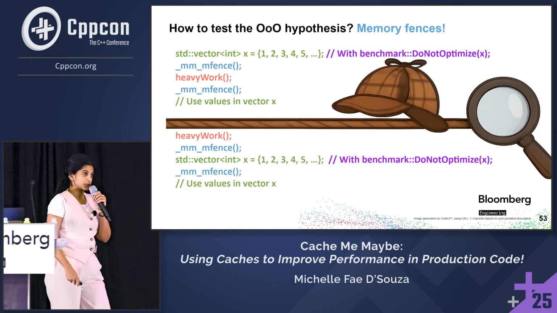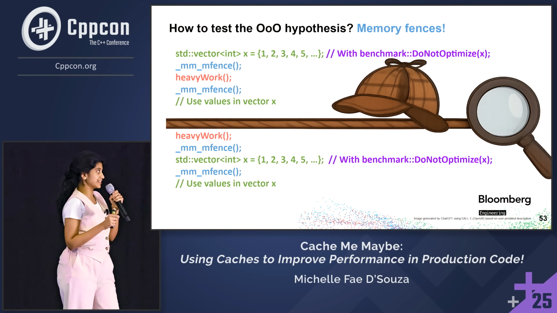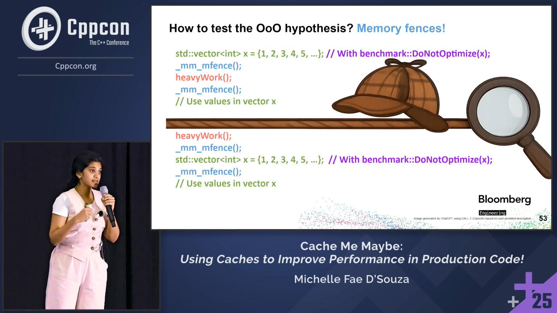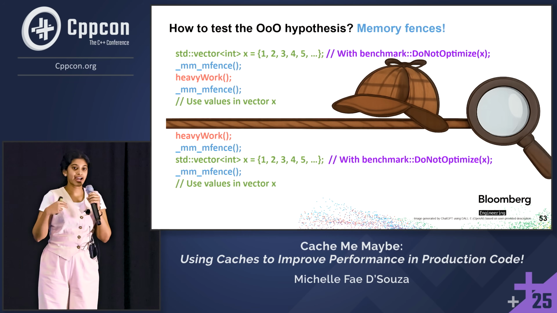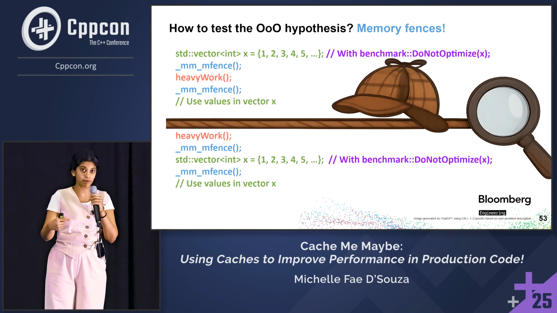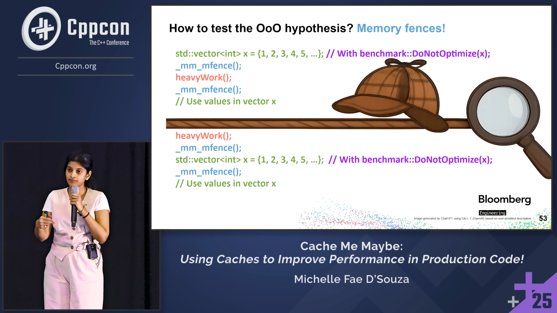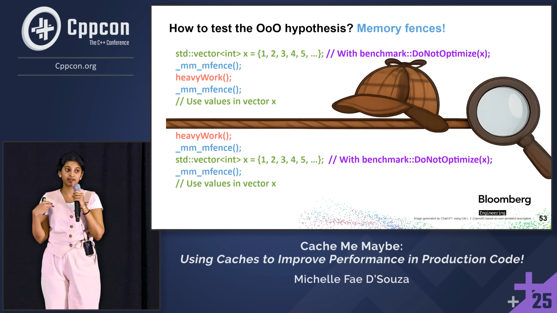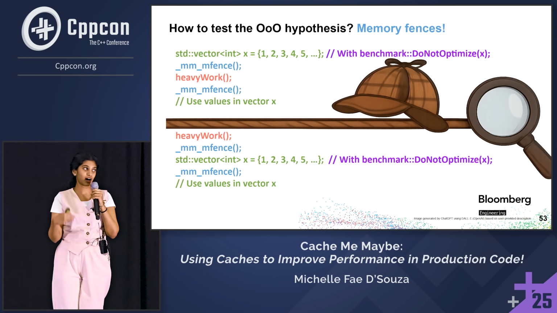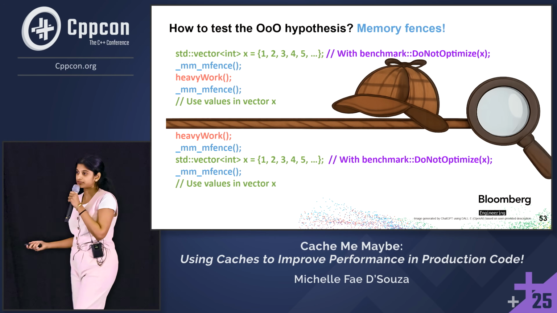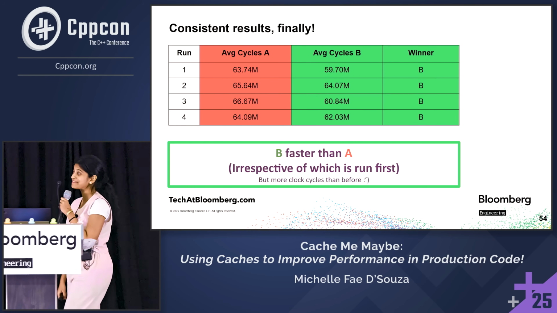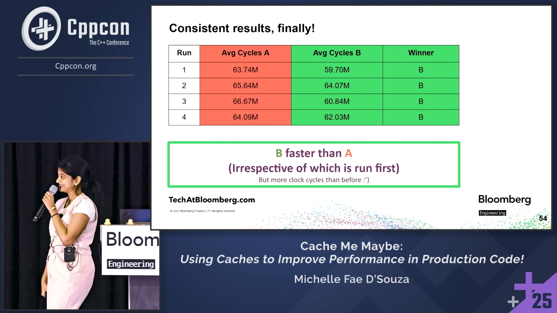What you can do is add a memory fence. A memory fence just says any loads or stores that happen before me are guaranteed to happen before me, and any loads or stores that happen after me will happen after me. Simple enough. And then finally, we had consistent results.